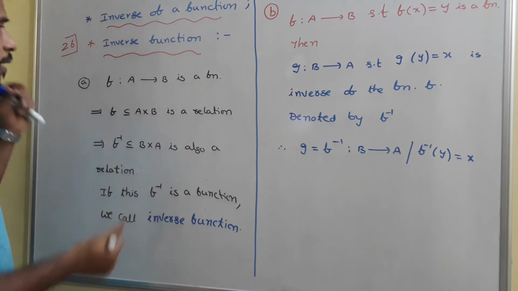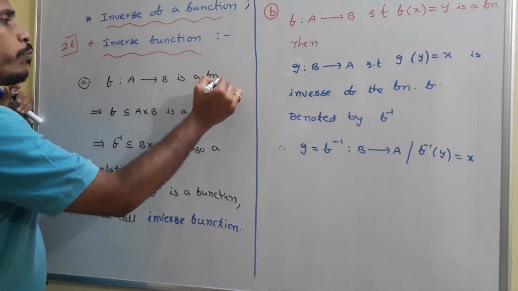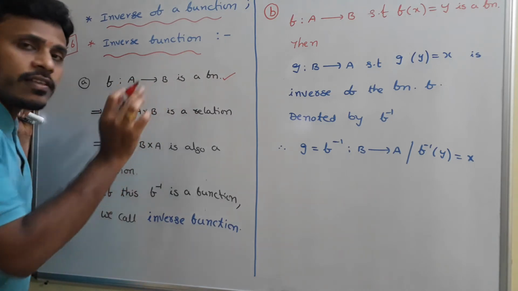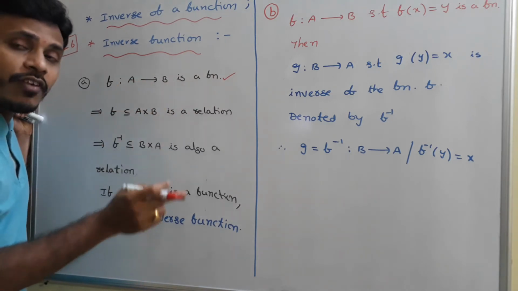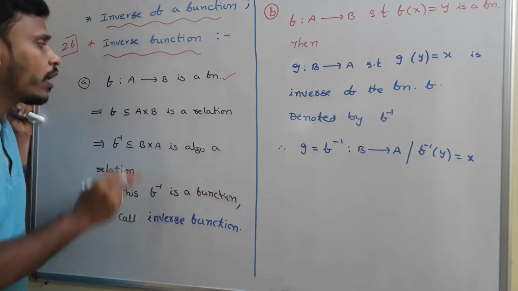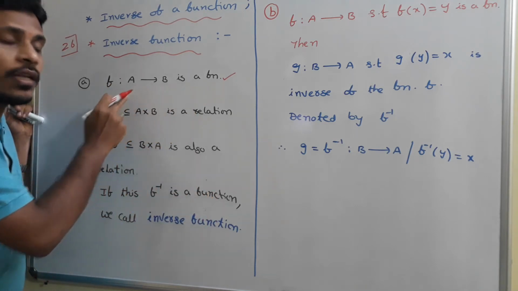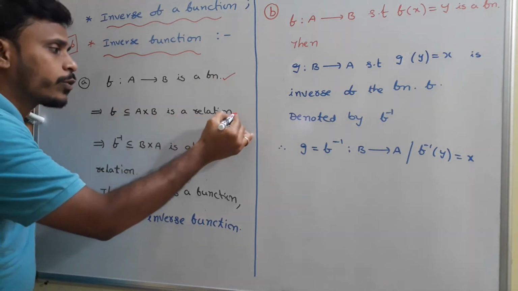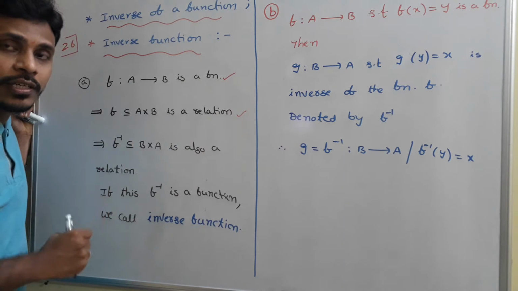Once again, just look here. Suppose f from A to B is a function. Since it is a function, we know that a function is basically a special type of relation. So since f is a function, f is a subset of A cross B, which is a relation. It is very clear from the definition of the function itself.